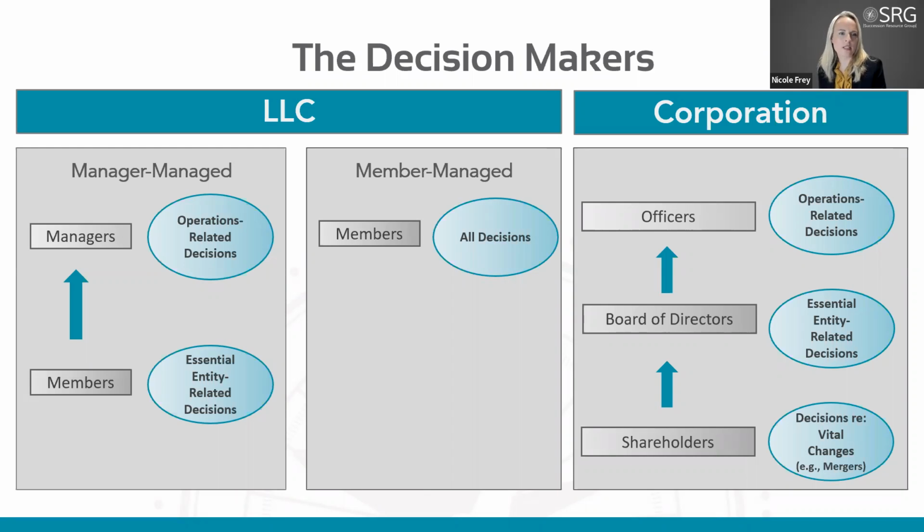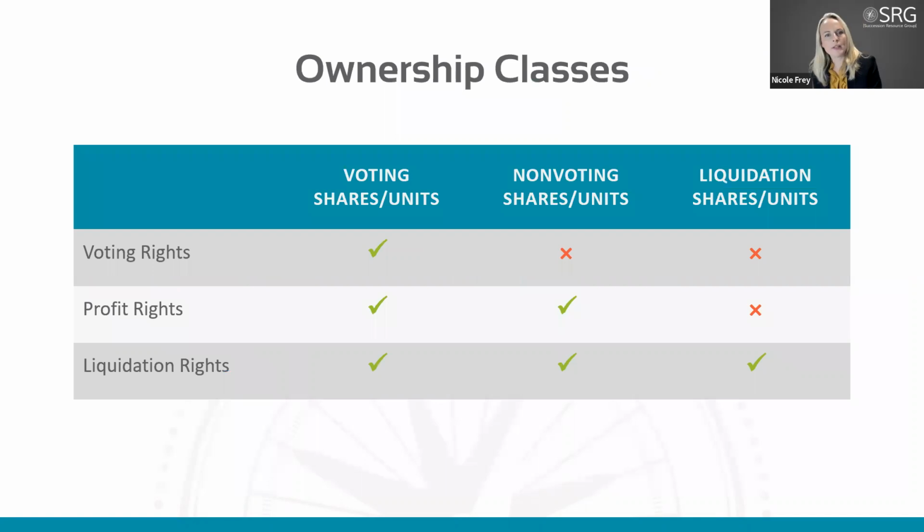So this entity type requires that the members make all essential entity related decisions, including voting for the managers, and then the managers make all of the operations related decisions. I mentioned that decision making requires that an owner has voting rights, and this is where the ownership classes come in.